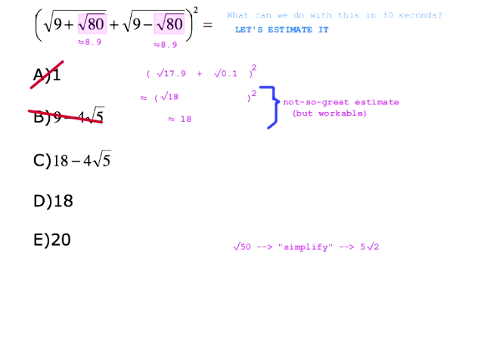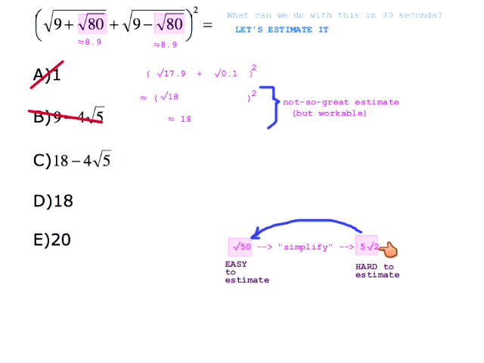The problem is that if your goal is to estimate this thing, then this is way easier to estimate, and this is way harder to estimate unless you've memorized the square root of 2 to a ridiculous number of decimal places. I mean, the point is that these things are really easy to estimate. These are not. So this is like 7.1. This is easy. So what you want to do is you actually want to unsimplify this.